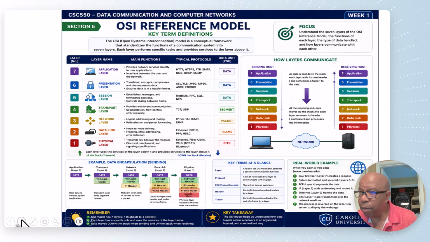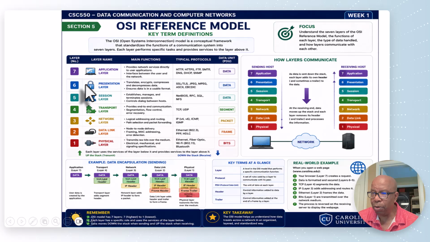Okay, the OSI reference. OSI stands for Open Systems Interconnection model, and it's a conceptual framework that standardizes the functions of a communication system into 7 layers. Each layer performs specific tasks and provides services to the layer above it. We have an application layer. Under that we have a presentation layer, which conceptually gives support to the application layer.